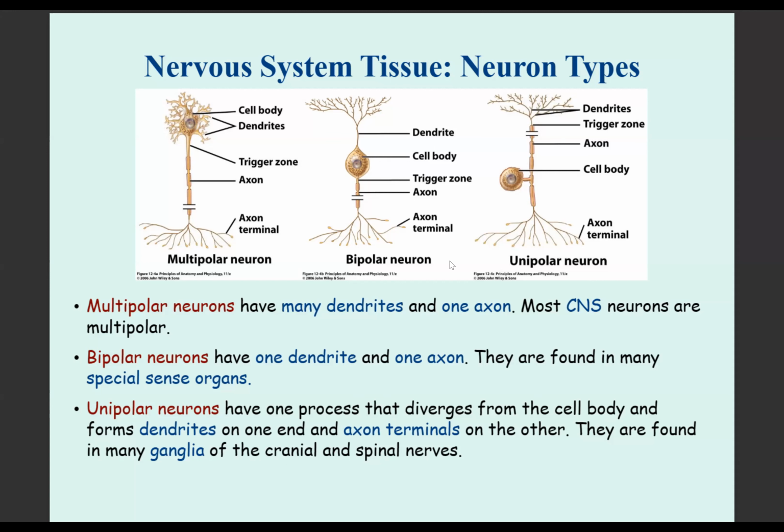It gives a false impression, as if it is a bipolar neuron. This neuron is actually called pseudo-unipolar, because it comes down and then branches into several parts. So this is a pseudo-unipolar neuron.